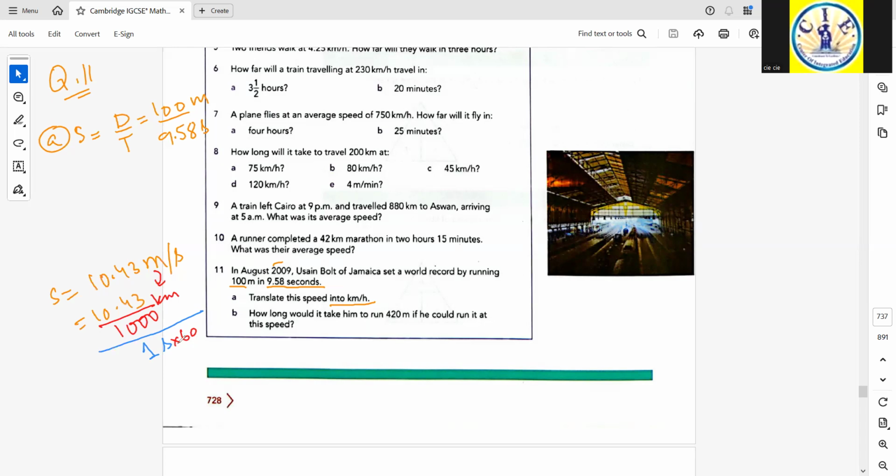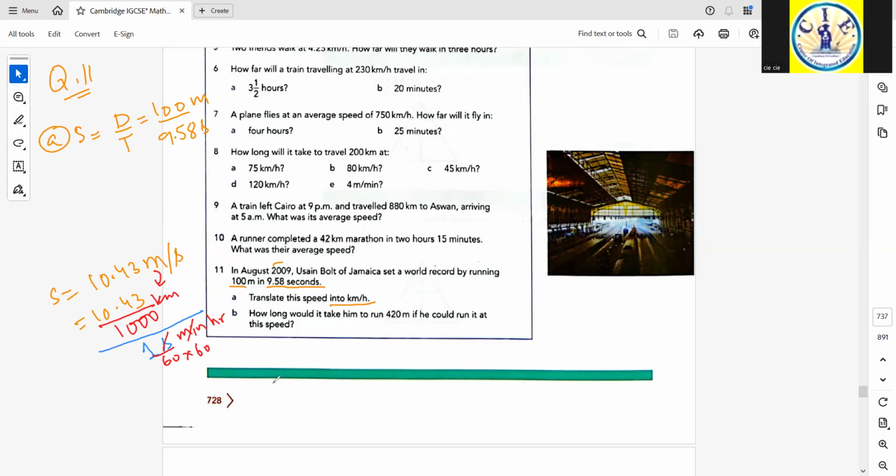we divide by 60. That would convert seconds to minutes. And then another division by 60 would convert the time into hours. So that's it.